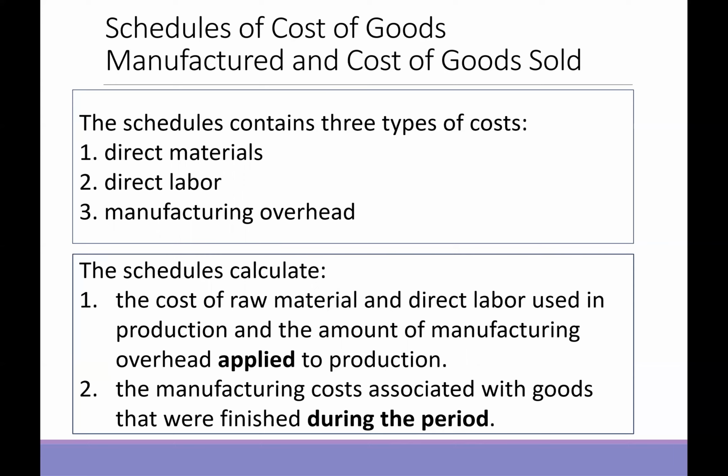You'll see we'll show the flow of raw materials and direct labor that's going to be put into work in process, and then what's getting applied to production, the manufacturing overhead. We'll also see the manufacturing costs that are linked with the goods that were finished during the period.